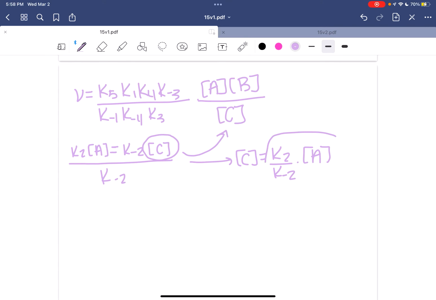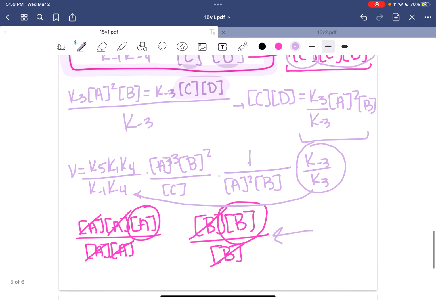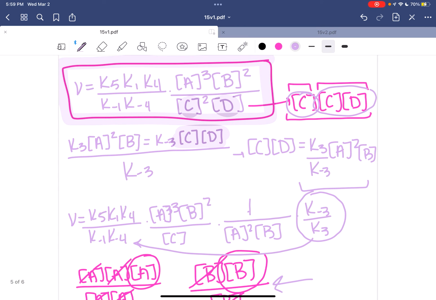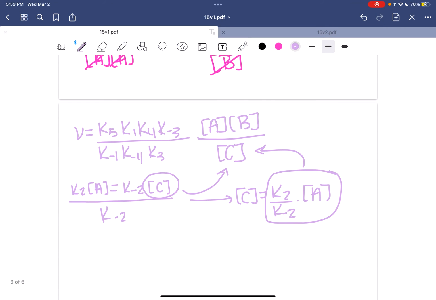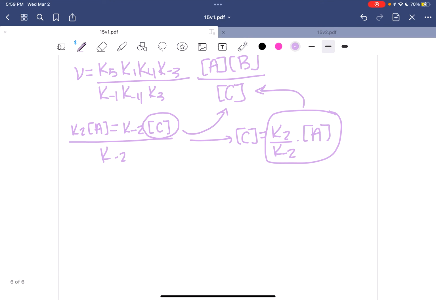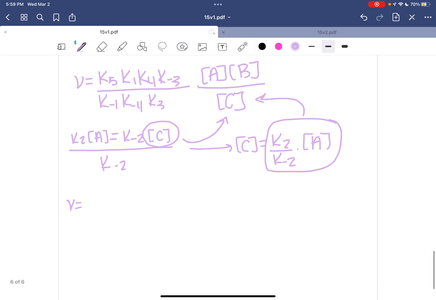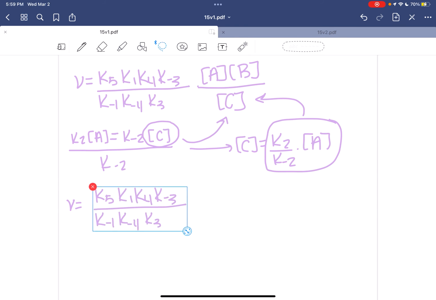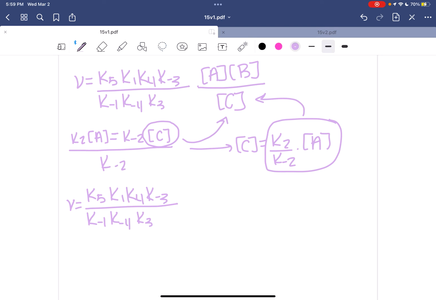So now all of this is going to go in place of C. So just like we did up here, where since we're substituting in something into the bottom of the fraction, it's going to flip everything. Whatever was on the top now becomes the bottom of the fraction. So if we're plugging it into our big rate law, I'm actually just going to copy all of these since it's getting to be a lot. We have all of those rate constants.